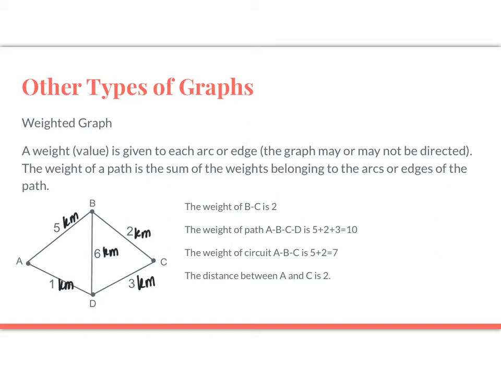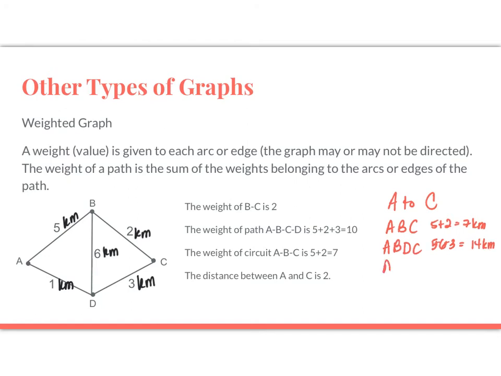Right? Well, we've got different ways. So A to C. I could say that you were going ABC, and that would be 5 plus 2, so 7 kilometers. You could do some really long ones like ABDC, and that would be 5, 6, 3. So that would be even longer, 14 kilometers.